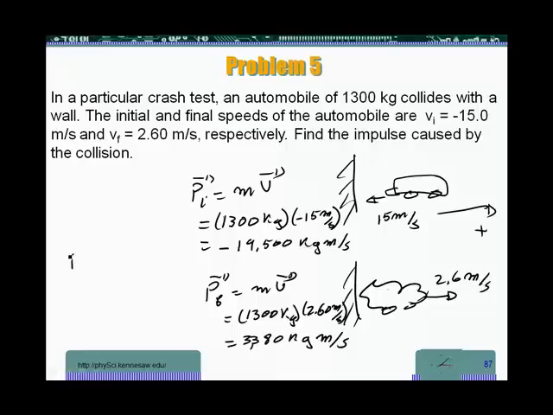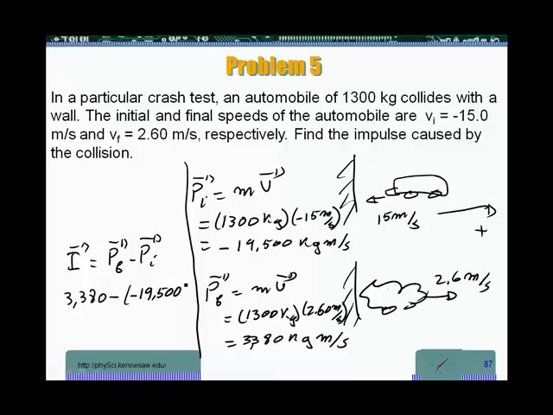Now, what's my impulse? Impulse is P final minus P initial. So in this case, that's going to be 3,380 minus minus 19,500, all of them in kilogram meter per second.